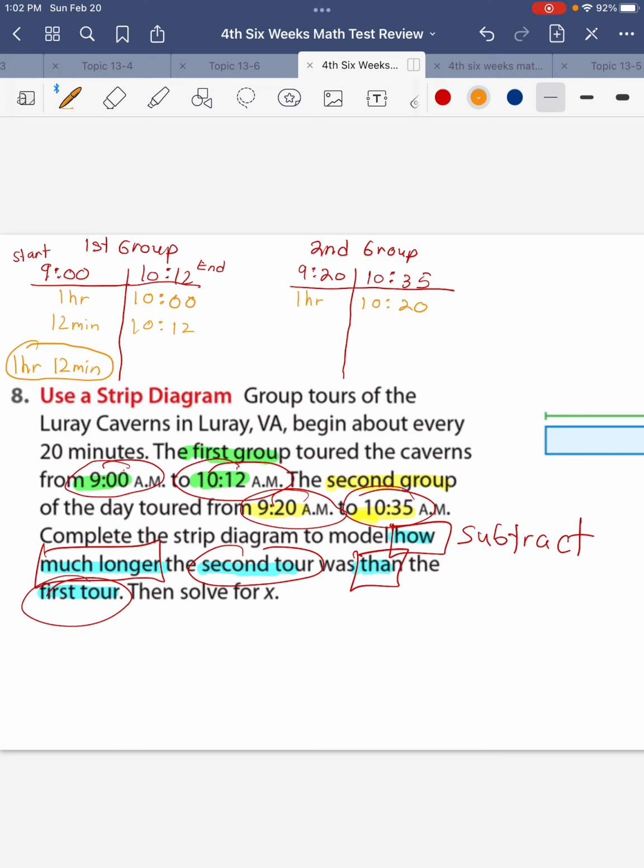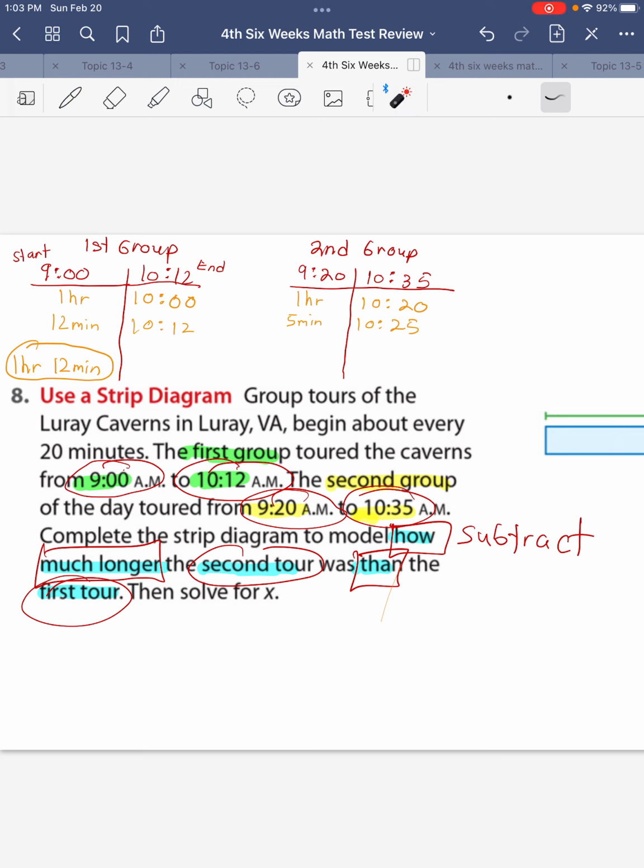Now I need to get to 35 minutes. Like I said, with the minutes, take it small. So let me just add 5 minutes. If I add 5 minutes to 20 minutes, 20, 21, 22, 23, 24, 25, I'm at 10:25.